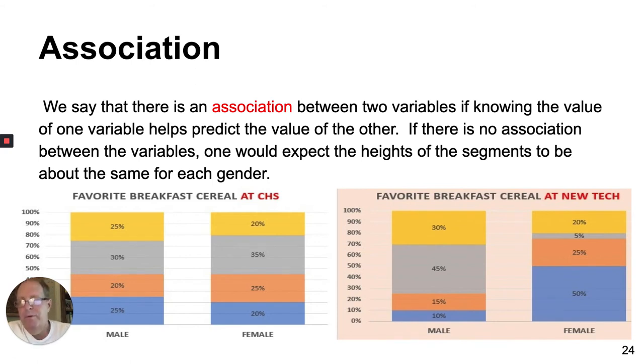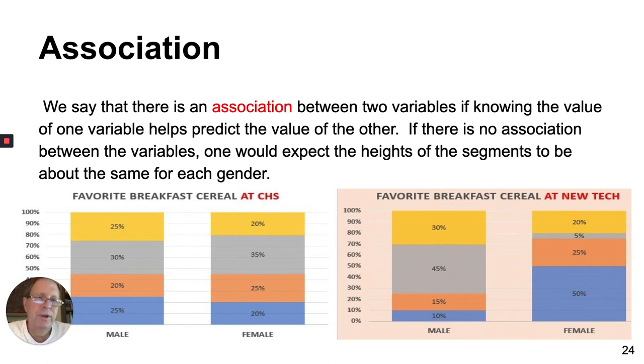If I told you that I randomly select a student and their favorite cereal was the gray cereal, would that help you predict whether I had selected a male or female? Not really. So with the data from Capel High School, we're going to say that there is no association. Knowing the value for one variable doesn't help you predict the value of the other.